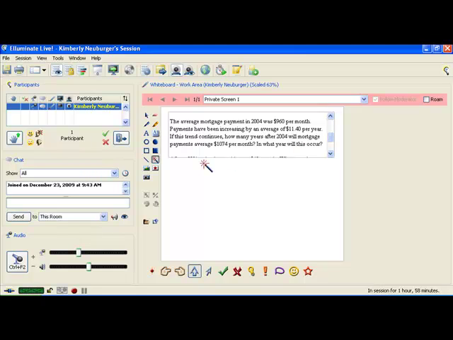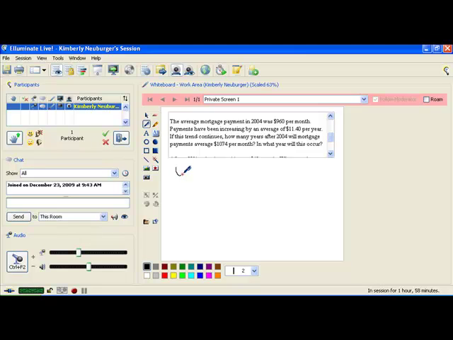So the first thing we're going to do on this, because there's a lot of information, is figure out what is the unknown that we don't know. And we don't know how many years after 2004 this thing here will occur. So why don't we name a variable, and since we're looking for years, I'm going to use y.